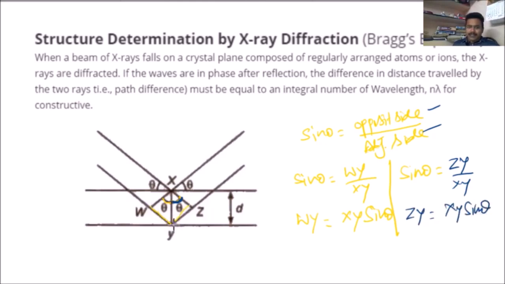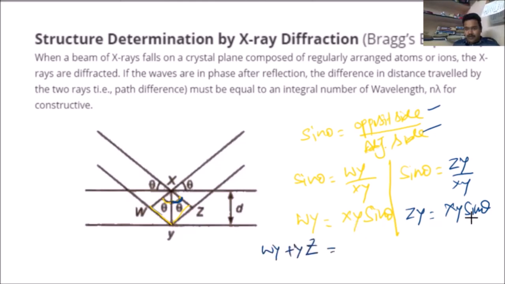This is the extra path. This is the path difference. When you are talking about this wave and this wave, this is the extra distance traveled by the second wave. Otherwise, this is the path difference between the two waves. That is WY plus YZ.